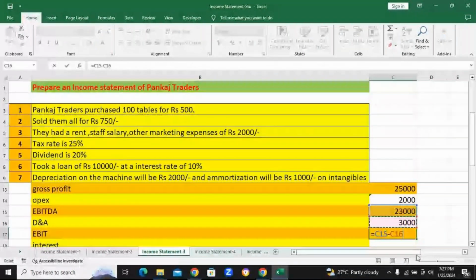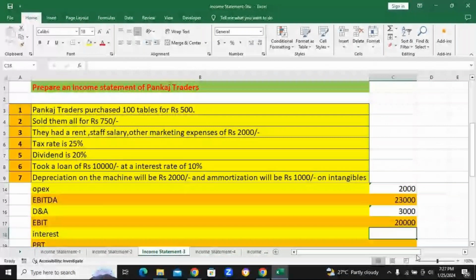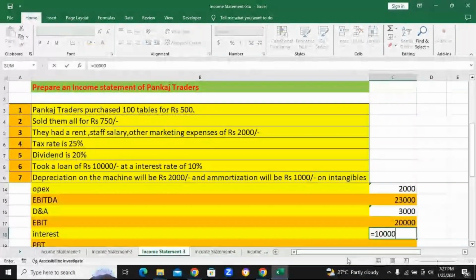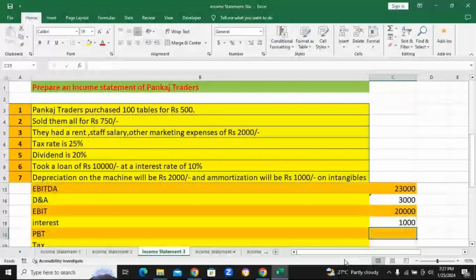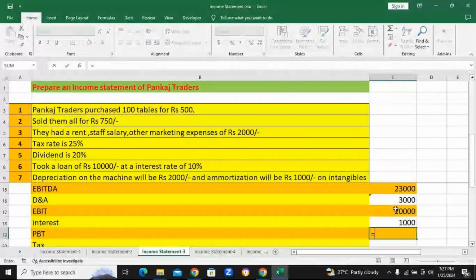Interest equals 10,000 into 10%. So 1000 rupees is the interest. Earnings before tax equals 20,000 minus 1000, 19,000.